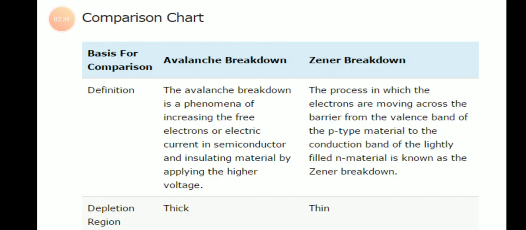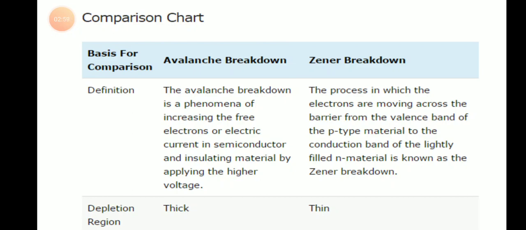Simply we can say that at high voltages the minority free charge carriers collide with the stationary atoms and generate free electron-hole pairs. This type of breakdown is called the avalanche breakdown.